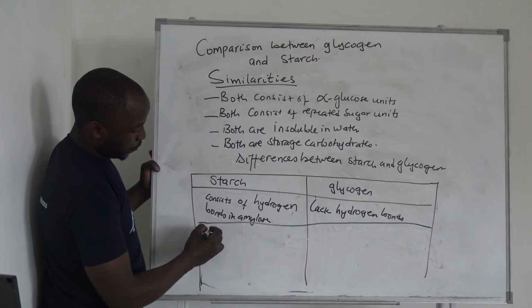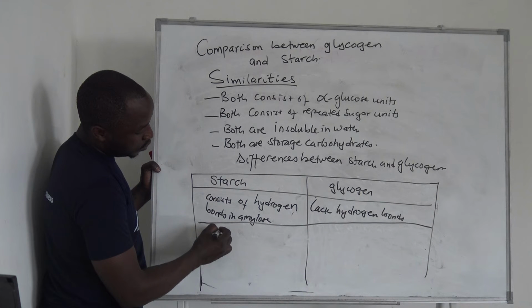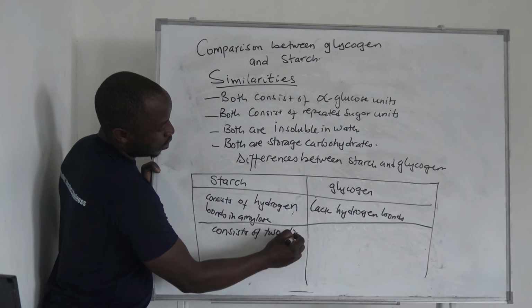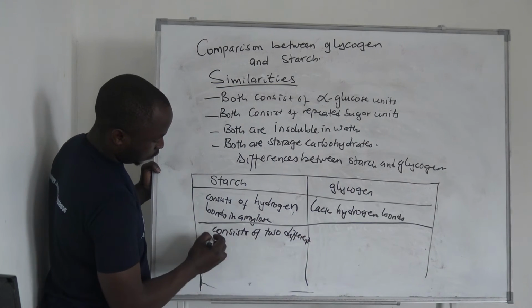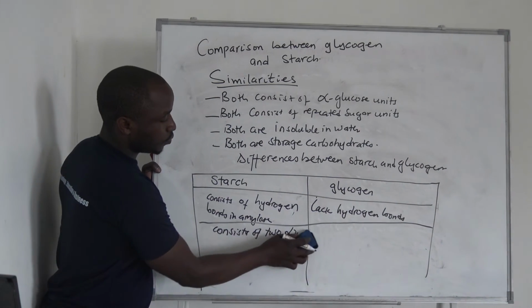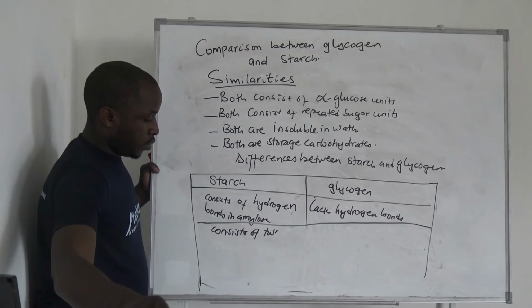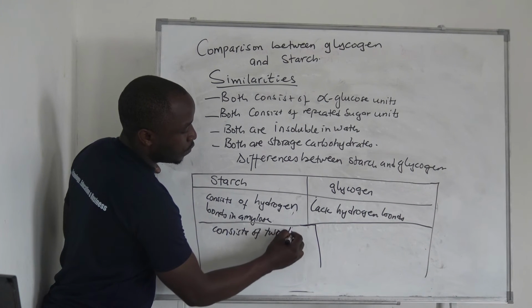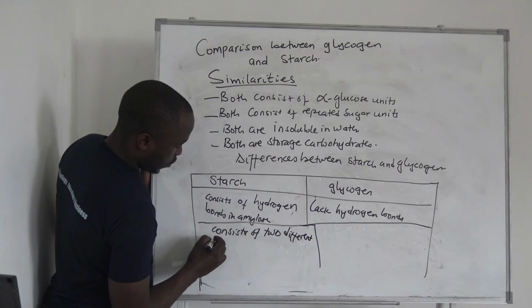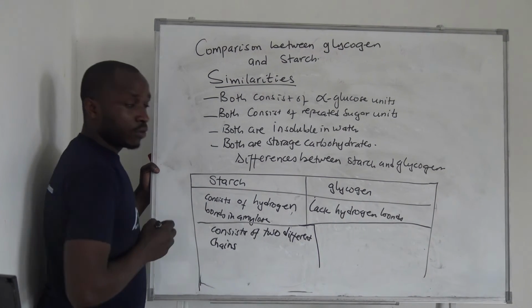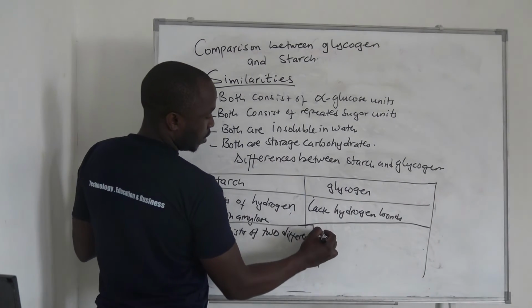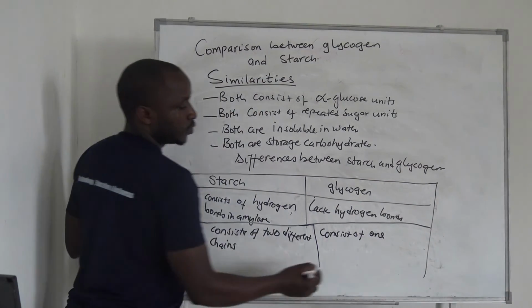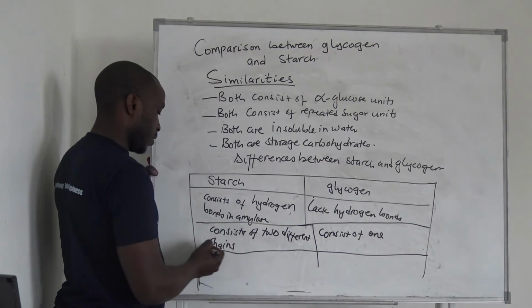We say that starch consists of two different chains, whereas glycogen consists of one chain.